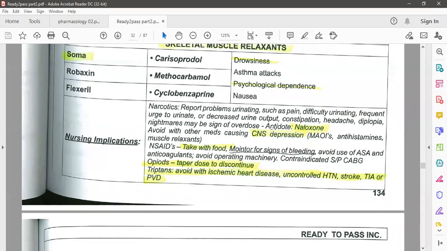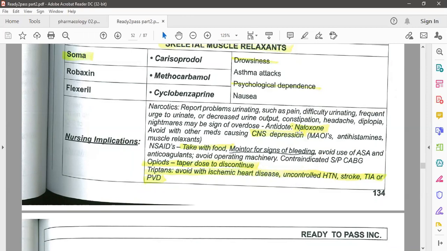We use the antidote called naloxone. So naloxone is an antidote of morphine or opioid. If you give naloxone to the patient as an antidote, we have to monitor vital signs and also check respiratory status. Administer always slowly.